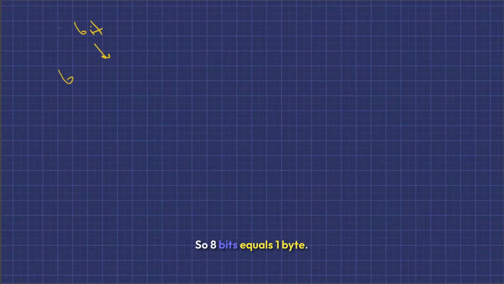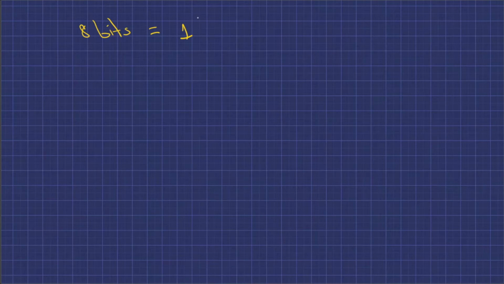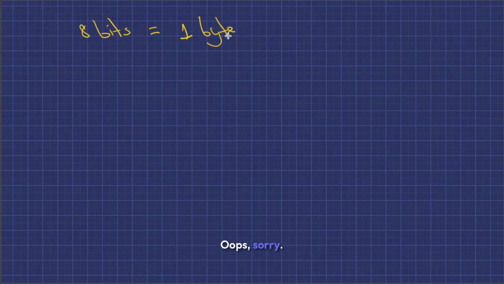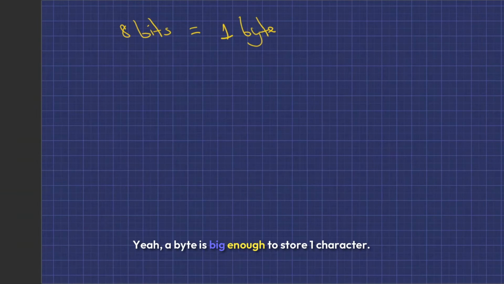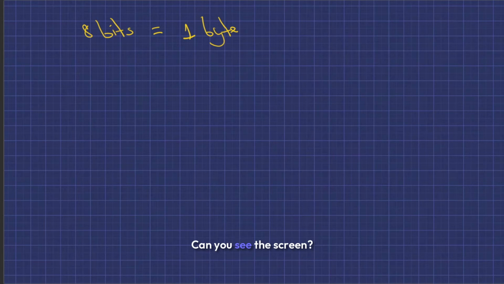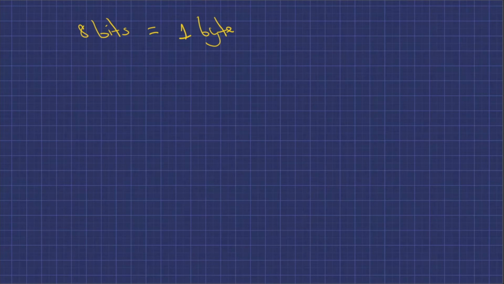So 8 bits equals 1 byte, right? Now, a byte is big enough to store one character. Yeah, a byte is big enough to store one character. Can you see the screen? Yeah, that's perfect.